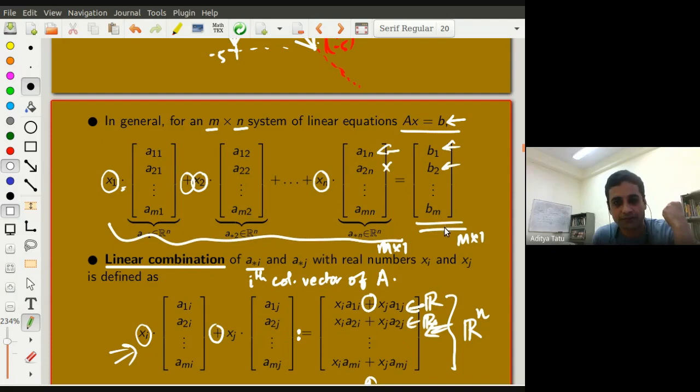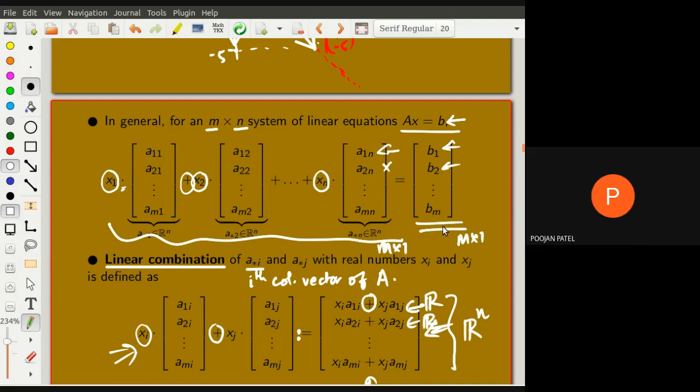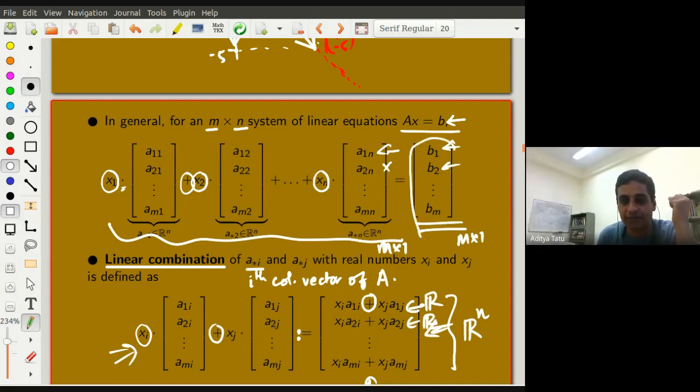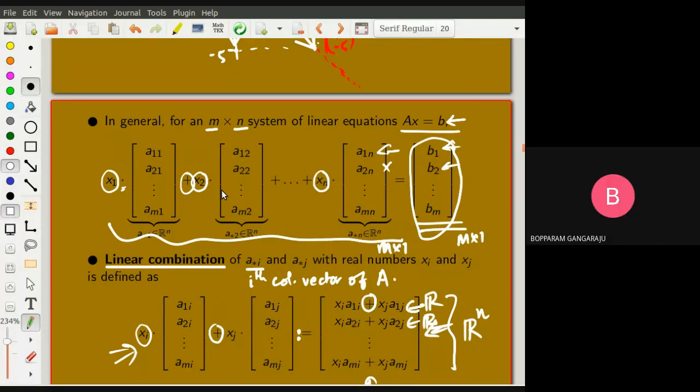Which is why I'm saying if this entire vector b belongs to this set of all possible linear combinations, then the solution will exist. How can we check whether it belongs to the set or not?